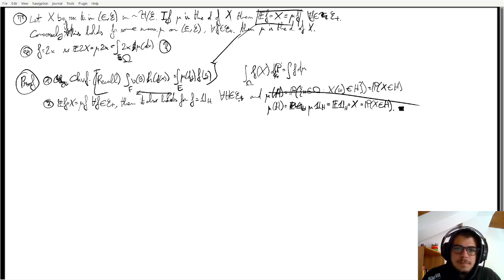This is the thing. What is the central idea? The central idea is that we have a measure and we have a function of a function.